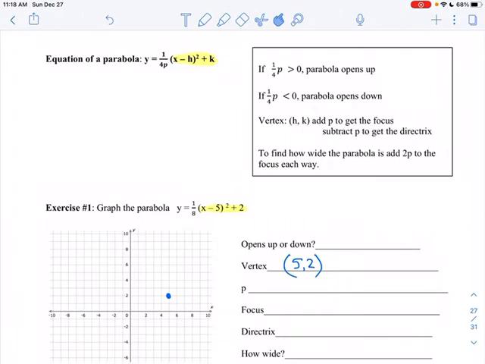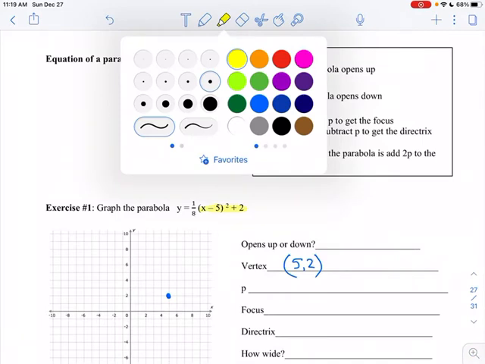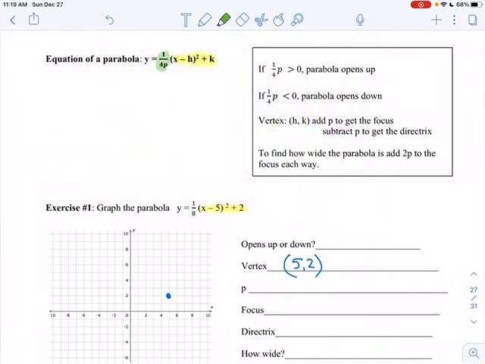In front of the x minus h squared is 1 over 4p. So basically, I'm going to take that 1 over 4p and set it equal to this to find out what p is. Because I add p to get the focus and I subtract p to get the directrix, to get that point and that line. All right, so I'm going to say 1 over 8 equals 1 over 4p. I'm going to cross multiply, and I'm going to have 4p equals 8, so p equals 2.